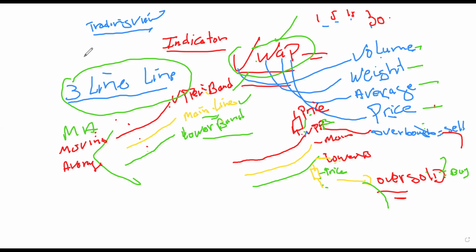Now, let's finish with the main line. What happens with the main line? Whenever the price is below the main line, for instance the candlestick, and remember the candles mean price, that means the stock is bearish.